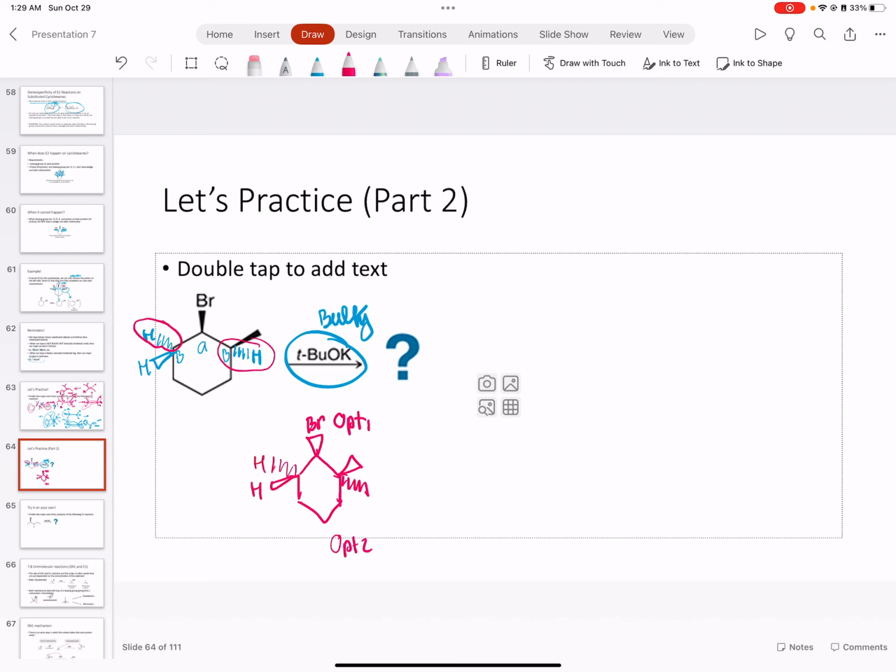Okay, that's it. Let's see, hydrogen CH3. Okay, so then remember, I just normally put tert-butyl as okay, and then I just take my hydrogen from here.